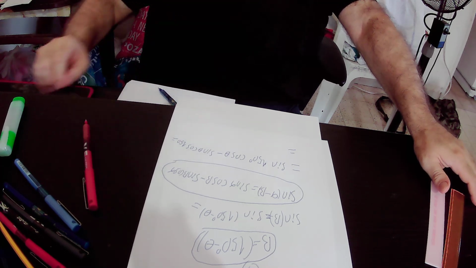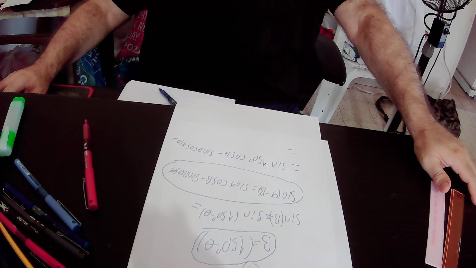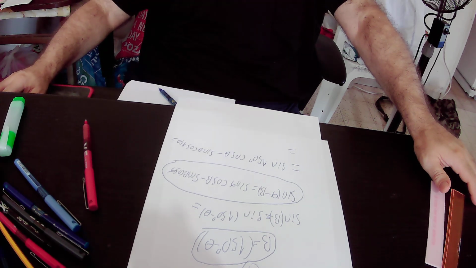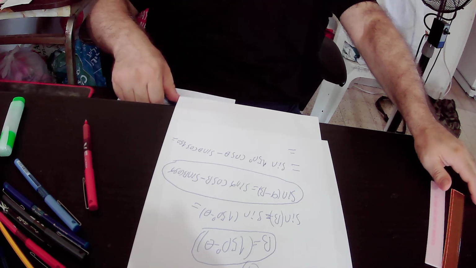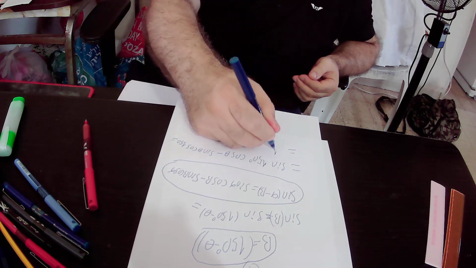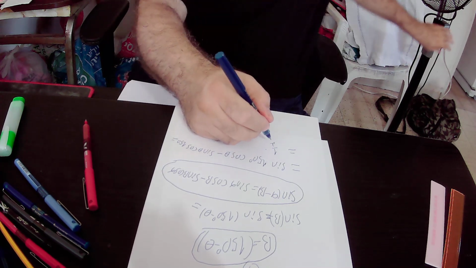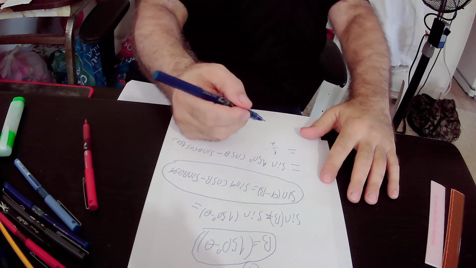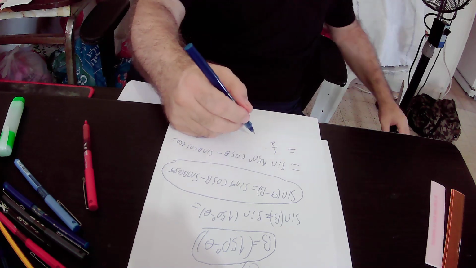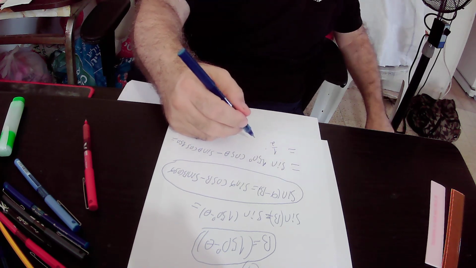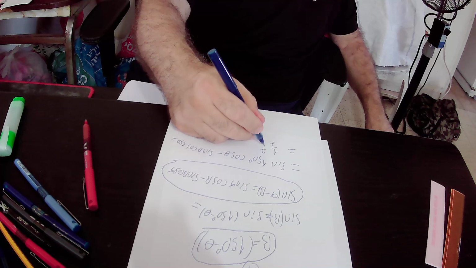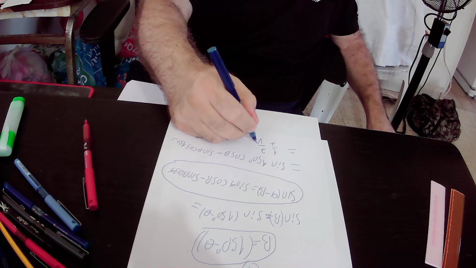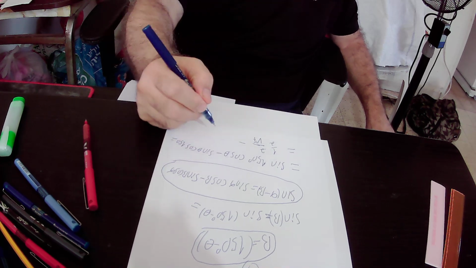Actually, sine 150 degrees equals 1 over 2, and we have already found out that the value of cosine theta is 2 over root of 7, all minus sine theta.